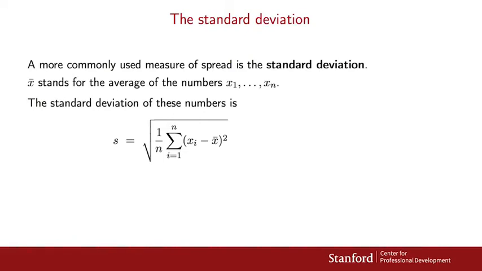It's not that important to remember the formula, since calculators and computers can compute it for you. But let's just have a look what the interpretation of that formula is. What the standard deviation does is it looks at the difference of each number from its average, squares the difference, and then looks at the average of those squared differences. And finally, it takes the square root.